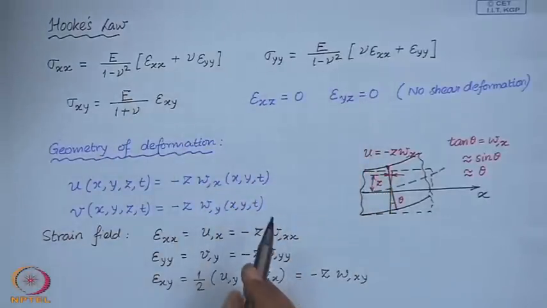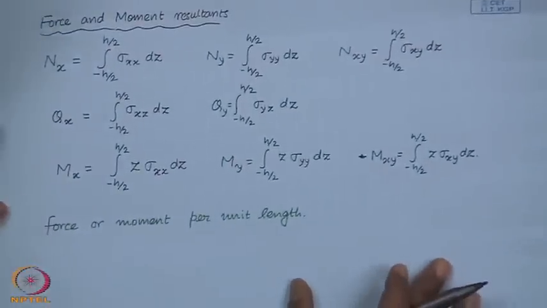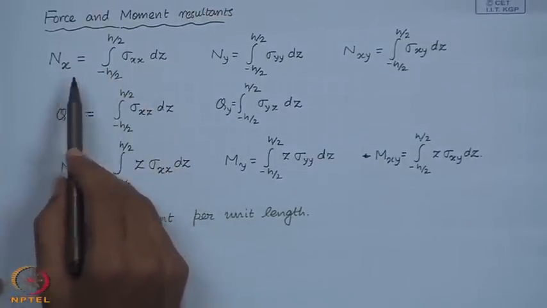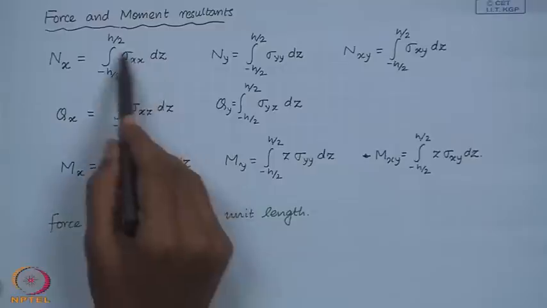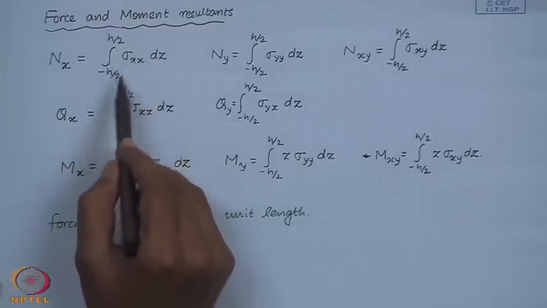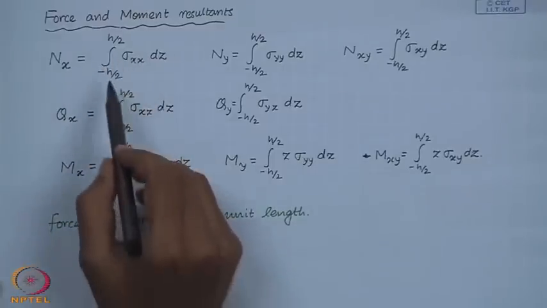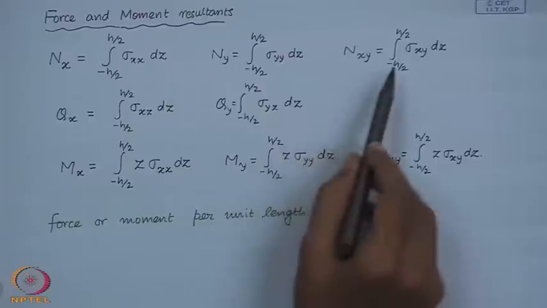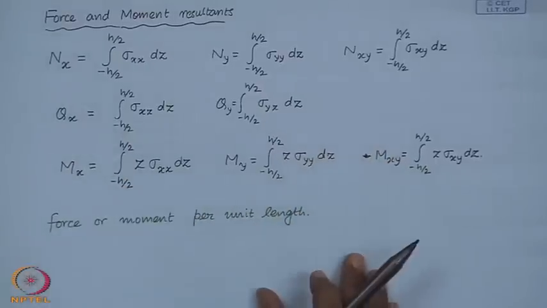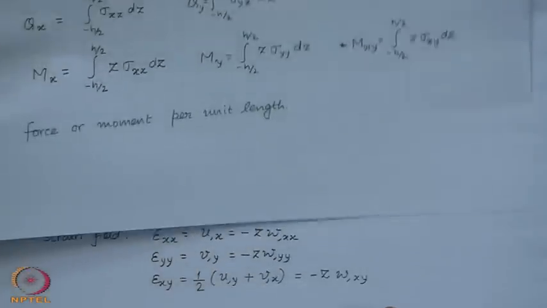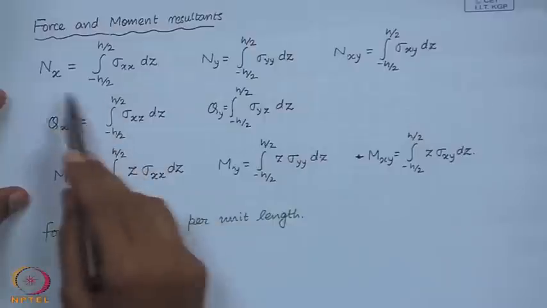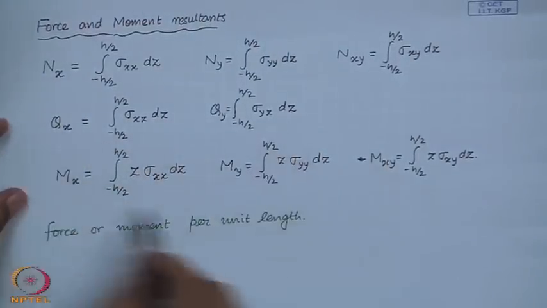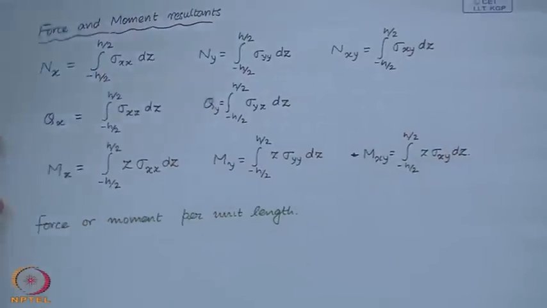So, if you go back to the calculation of the resultants, if this is linear in z, then z integrated from minus h by 2 to plus h by 2 is actually 0. So, these terms vanish: n x, n y and n x y are all 0. The non-zero resultants are q and m.